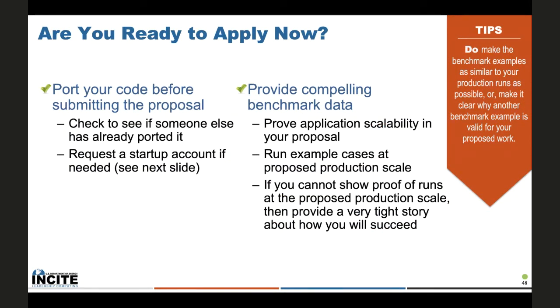If you are the developer of your own software, then request a startup account if needed for development and benchmarking runs on the resource you are requesting in your INCITE proposal. The second point is completing benchmark data. Is the benchmark data generated? Prove application scalability in your proposal. Run production-scale examples relevant to the proposed work.